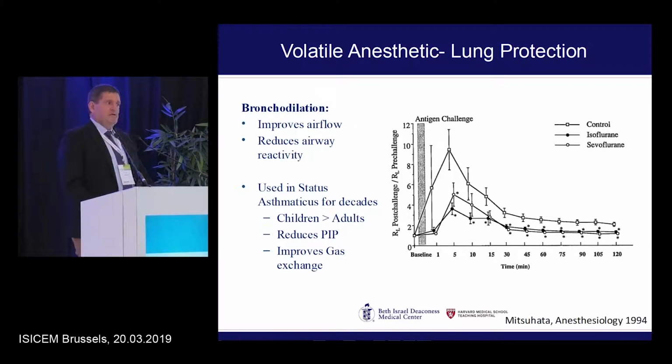So probably the most known effect of volatile anesthetics is bronchodilation. It's been used in status asthmaticus in the ICUs. That is probably the first use of inhaled anesthetics in the ICU. And this is a paper from Anesthesiology 25 years ago showing the response to an antigen challenge and the resistance of the airway following the antigen challenge.